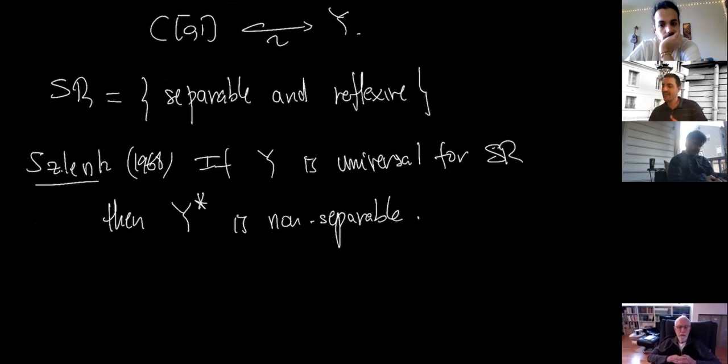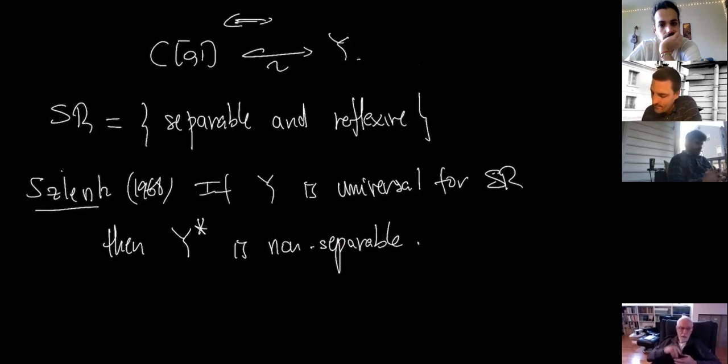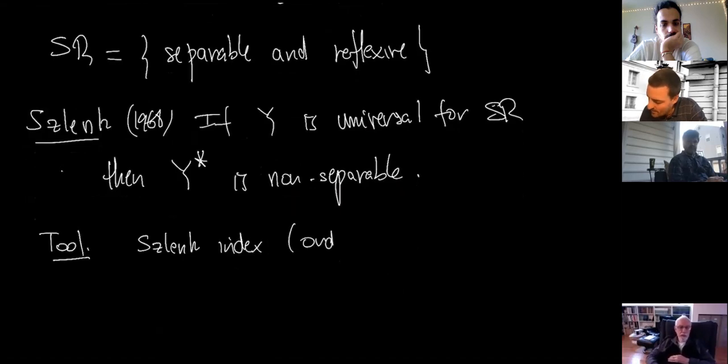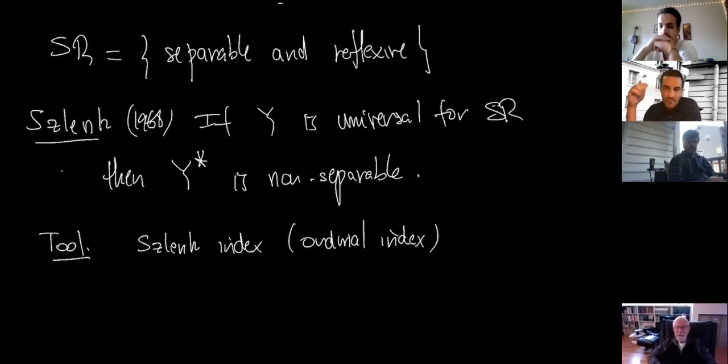So this implies that Y cannot be separable and reflexive, and there is no hope to find a universal space for the class SR which belongs to the class SR. And the tool that Szlenk introduced for this was the Szlenk index, which is an ordinal index related to filling the dual unit ball of a Banach space with weak star open sets.